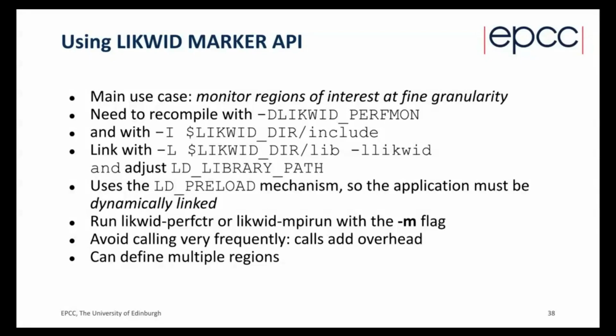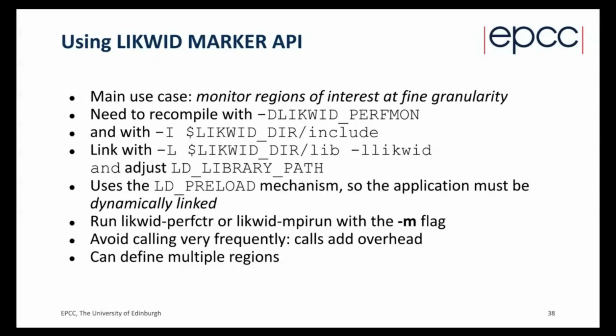along with, at compile time, we need to point to the location of the libraries, which is done with -I and reference to this liquid dir environment variable, which is set by the module. When you load the liquid module, then liquid dir will be set, and under there is include where the include files are, which we need to include in the code.